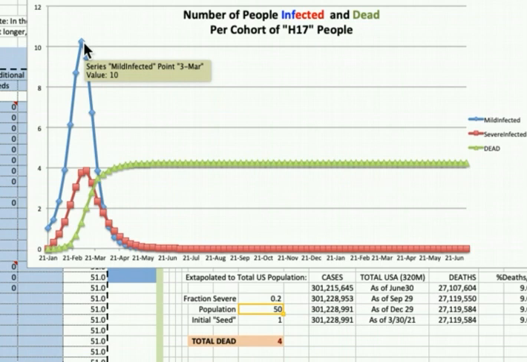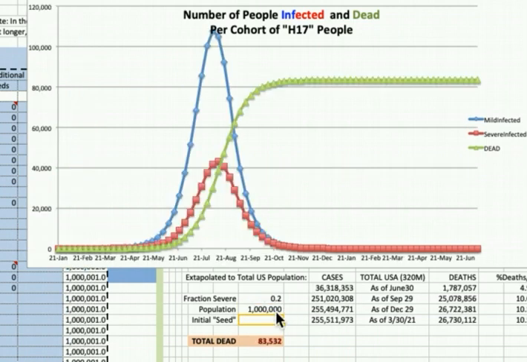But let's take it a little further. Let's suppose that we had a population, let's say, of 1 million. Okay, let's see if I did that right. Okay, and remember now there's no mitigation here. So yes, the curve is pushed out until about August sometime, 11 August or so, but it's at 100,000 people infected at that point.